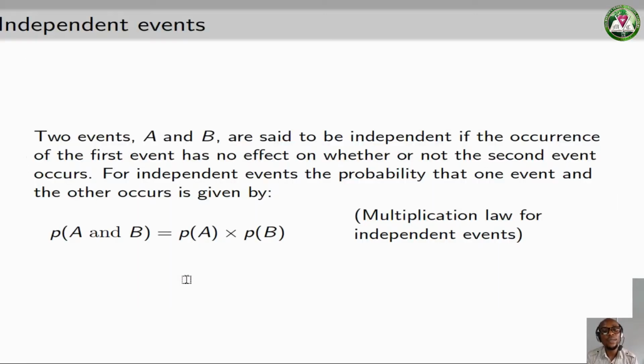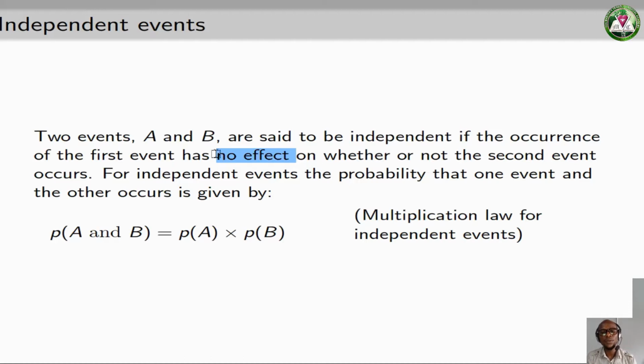Now, moving on to independent events. Two events A and B are said to be independent if the occurrence of the first event has no effect on whether or not the second event occurs. Before we go further, let me explain what that means.